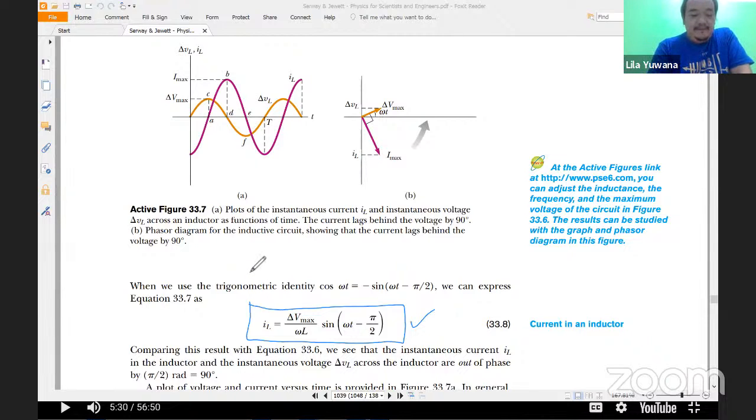From the base, voltage is VL equals V of T equals V maximum sin omega T. And the expression of current has an additional phase here. This is the phase difference. Ini adalah beda fase.